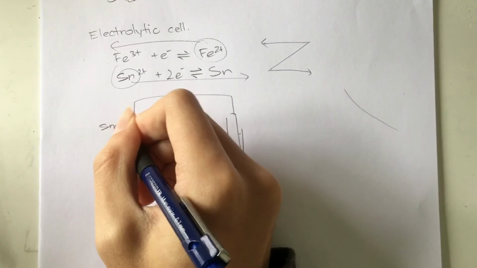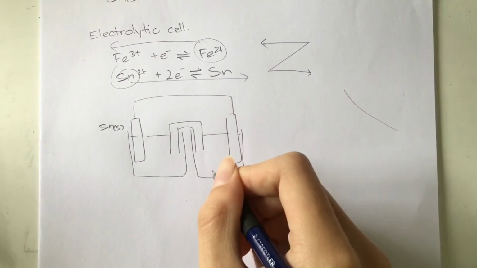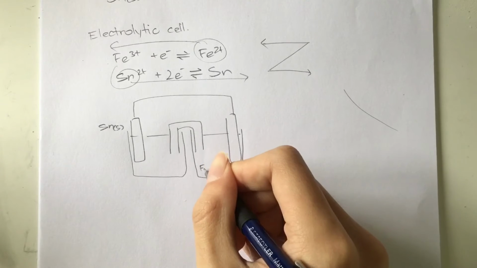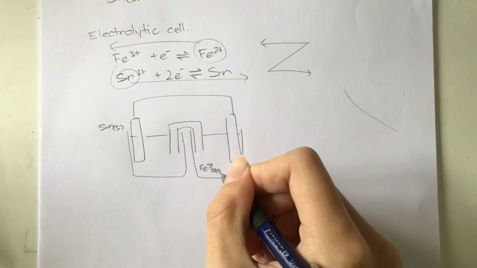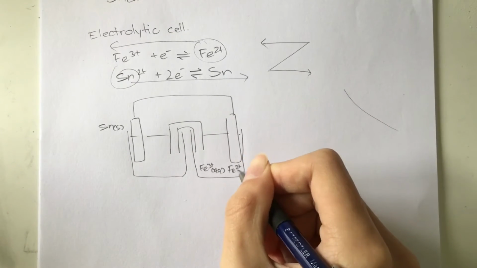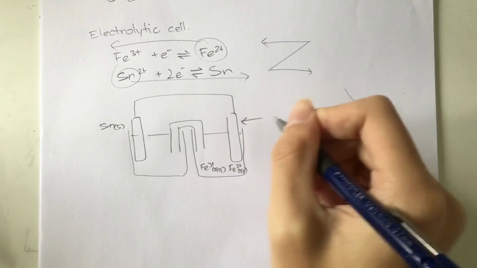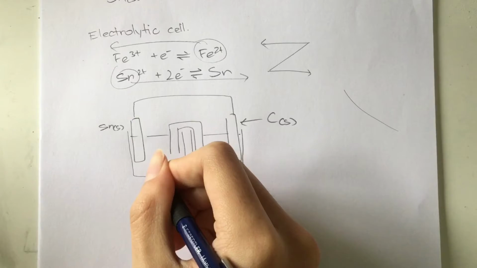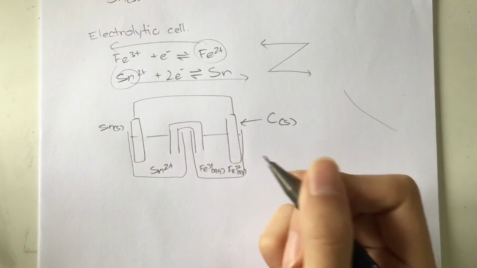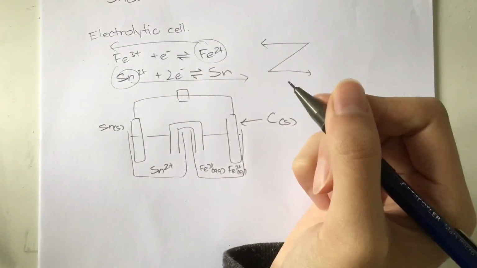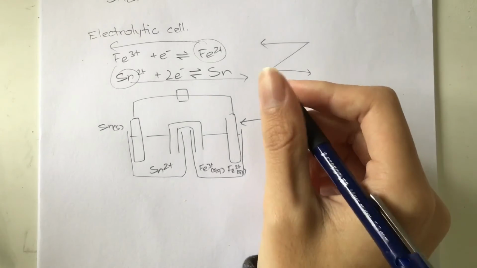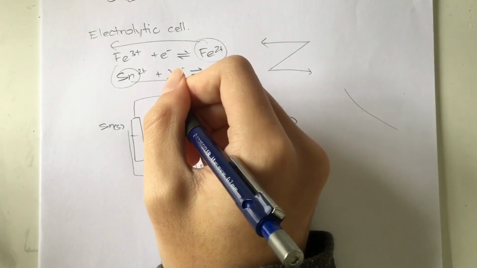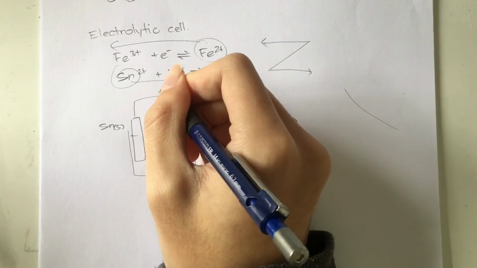We'll make this the tin side. And we'll make this the iron 3+, iron 2+. And we'll use carbon again. So now we have a load that is forcing electrons this way.